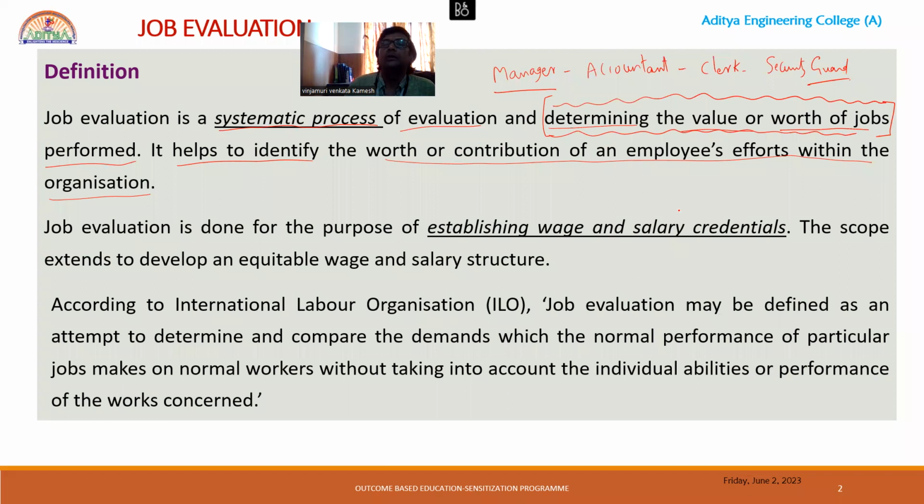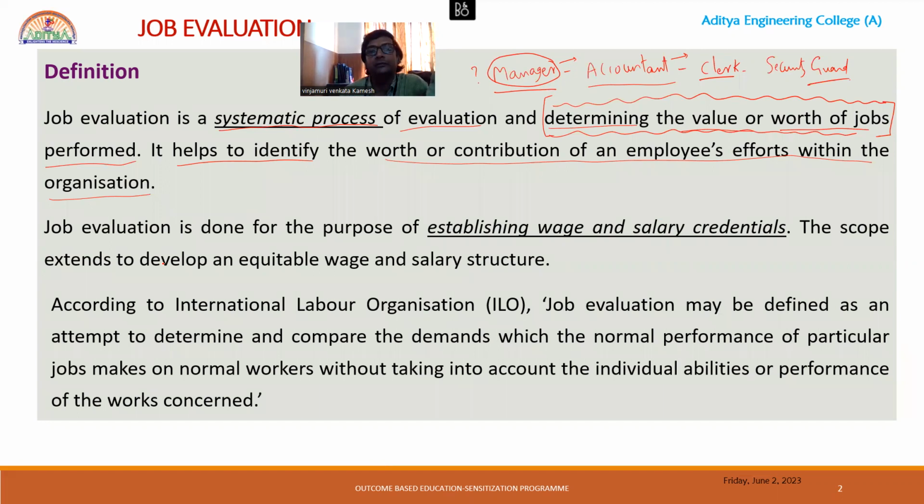I don't know. Who is the person sitting in the chair of accountant? I don't know. But how much salary a manager is to be paid? That is the output of your job evaluation. The manager has to be paid this amount, the accountant this amount, the clerk this amount. Like this, we need to assess the relative worth of a particular job.